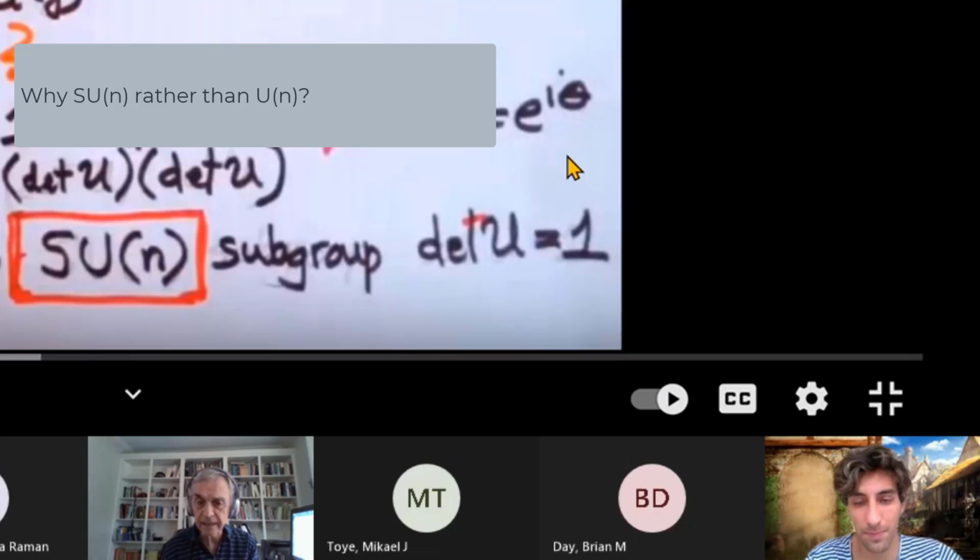Now, that more formally means that whenever you have a unitary group, you can write it as a product of two groups. U1, it's one complex number, or in the drawing in a real plane, two real numbers. So the phase itself is U1.